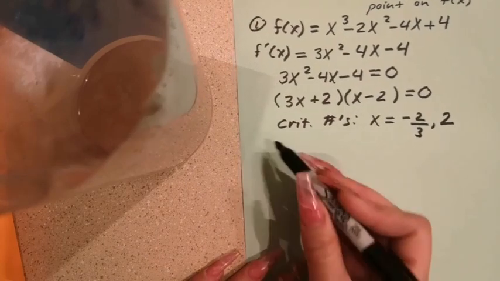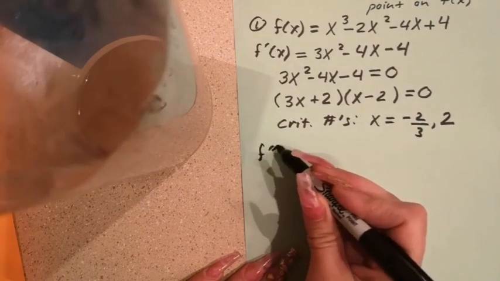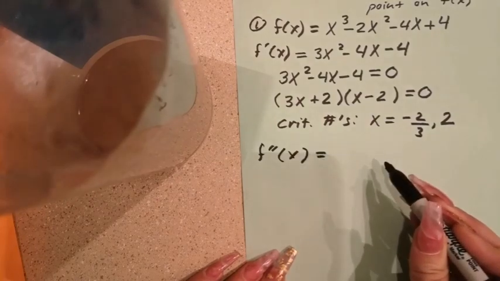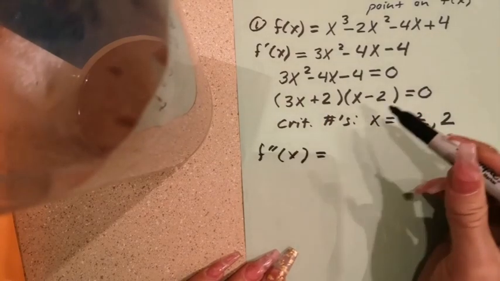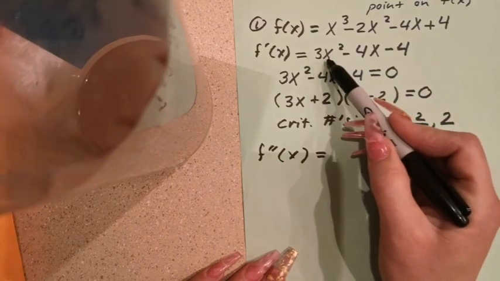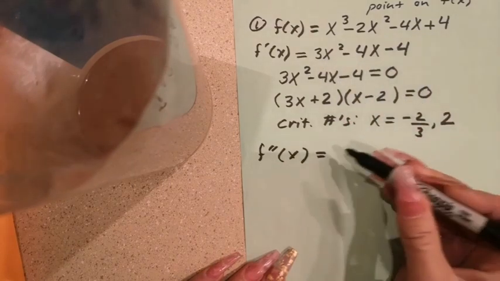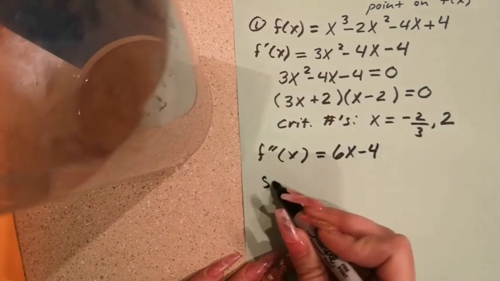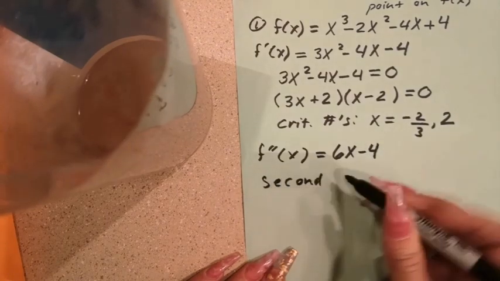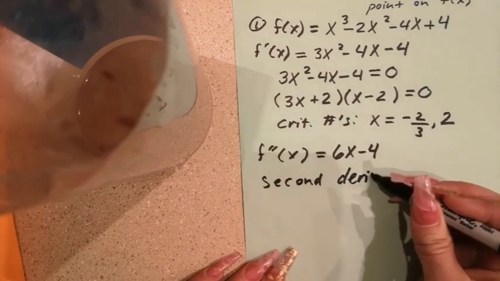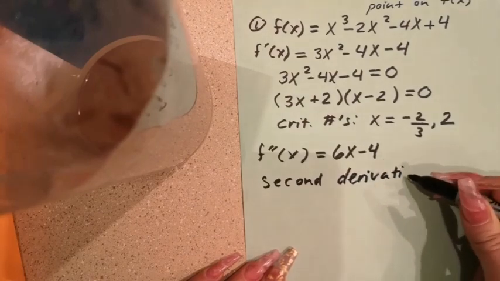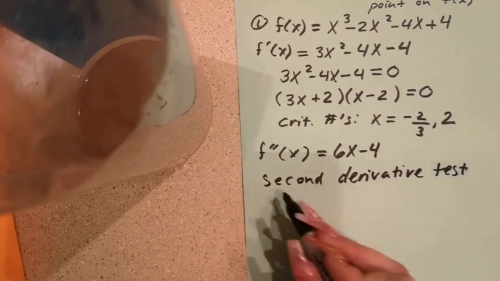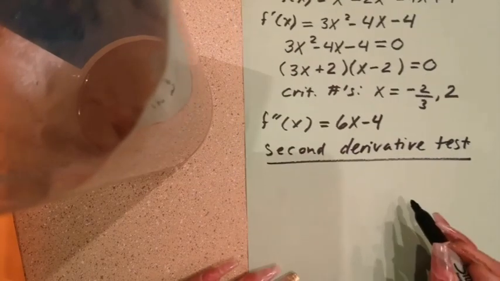So now I have a couple options. Let me find the second derivative, and then I'll use the second derivative test. So my second derivative is going to be 6x minus 4. So remember how the second derivative test works.